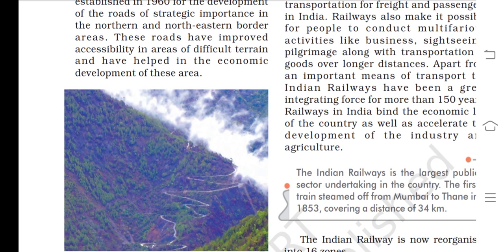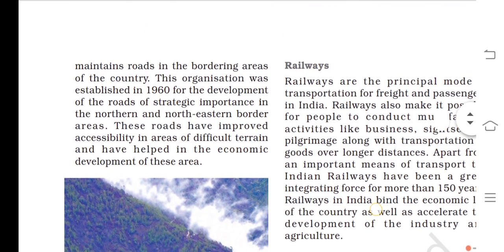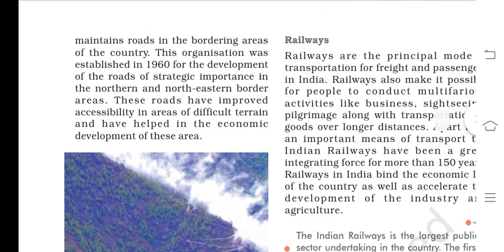Apart from being an important means of transport, the Indian Railways have been a great integrating force for more than 150 years.